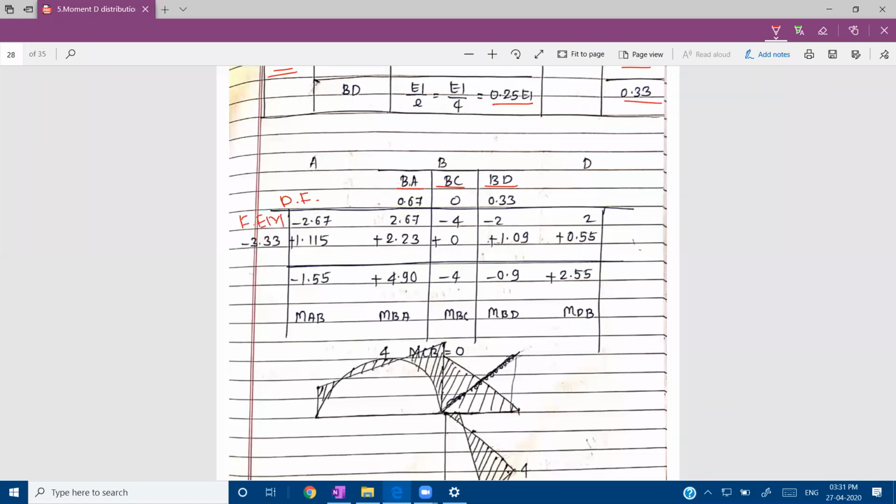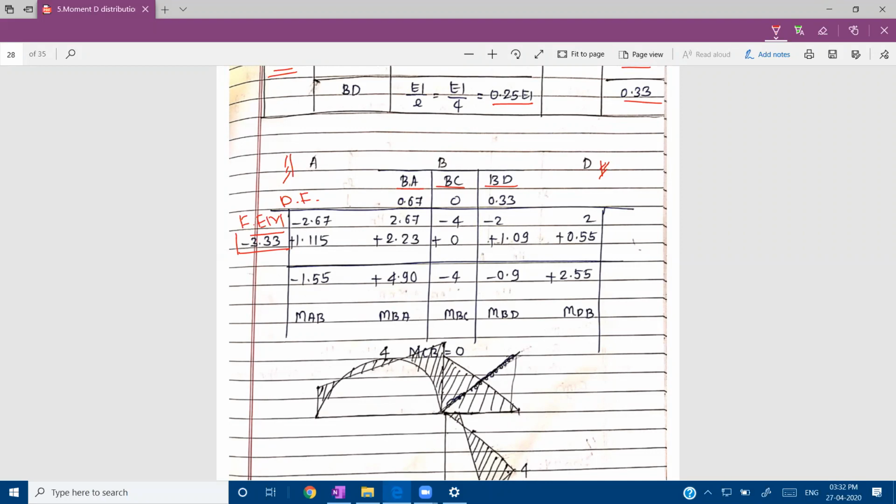So MFAB is minus 2.67, MFBA is 2.67, then MFBC is minus 4, MFBD is minus 2, MFDB is plus 2. Now support A is fixed, and support D is also fixed, so there is no need of performing any end correction. So directly we will calculate the unbalanced moment at joint B. So 2.67 minus 4 minus 2 is going to be minus 3.33, and directly we apply the correction here.